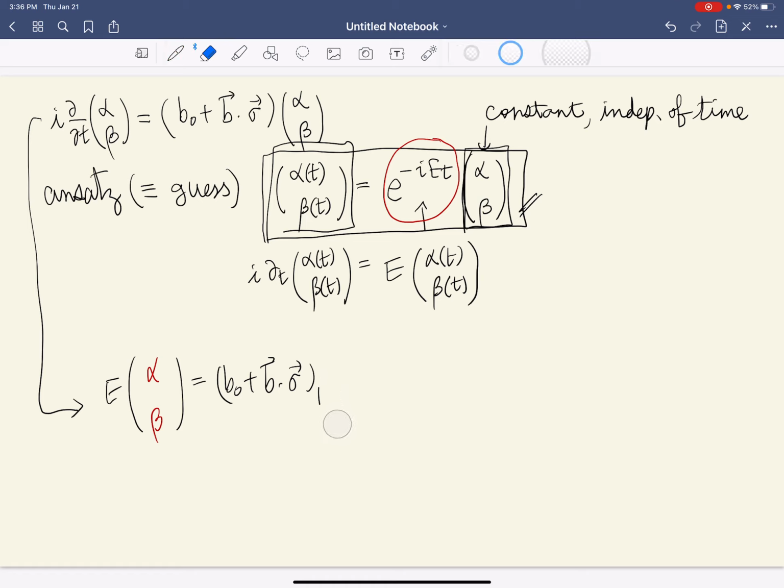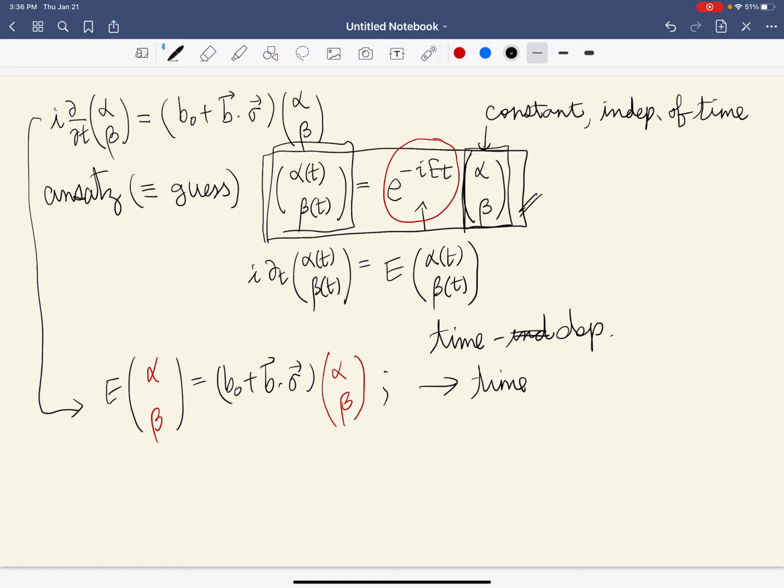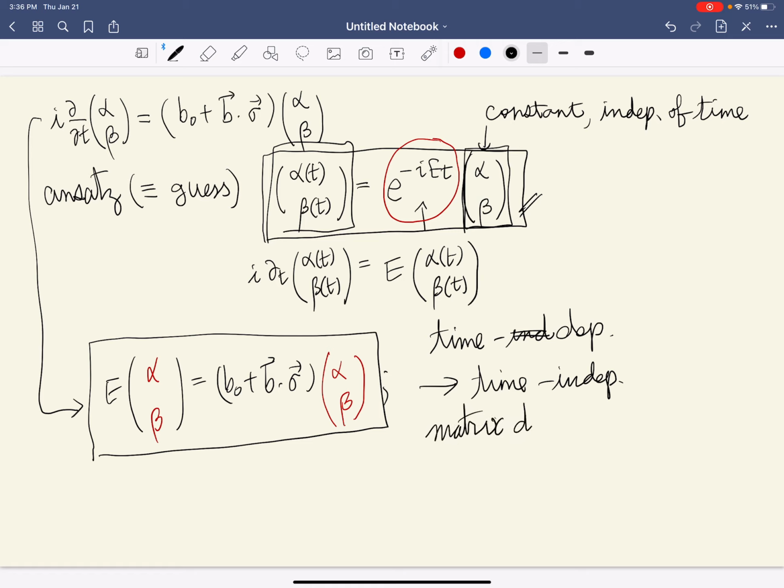So let me rewrite this more clearly. Okay. So in the end, what we did was to transform a time-dependent problem into a time-independent problem. Now, this problem is going to be recognizable as the problem of matrix diagonalization. Okay.